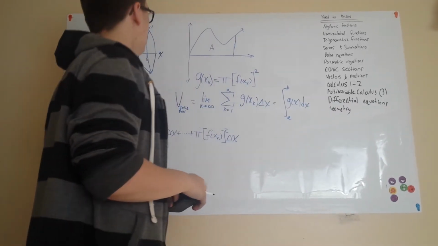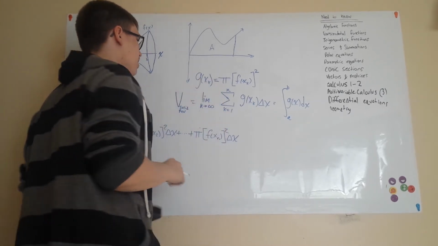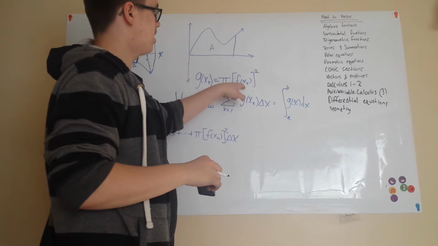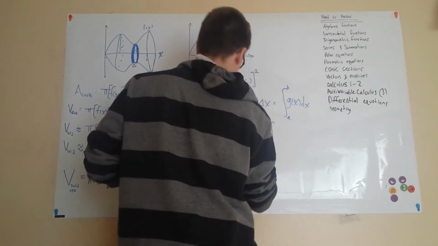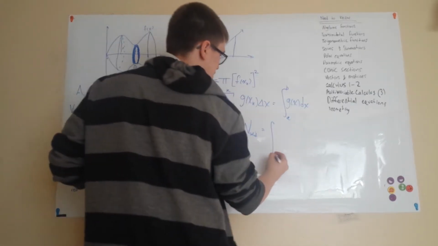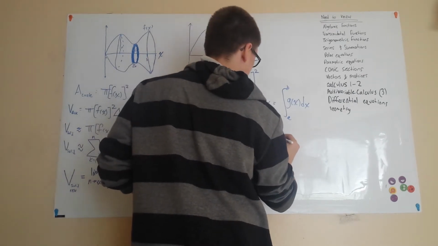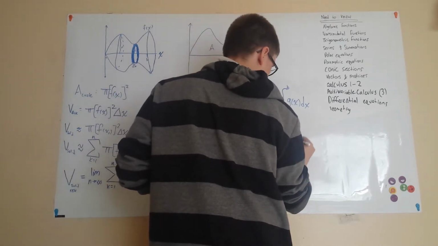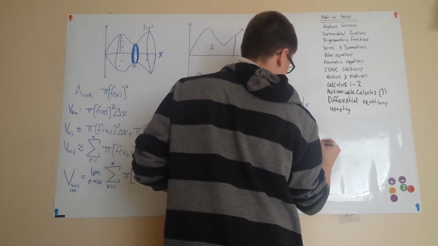What is g of x? Well, g of x is pi times this squared, right? So this volume of a solid equals the integral from a to b of pi times f of x squared dx.